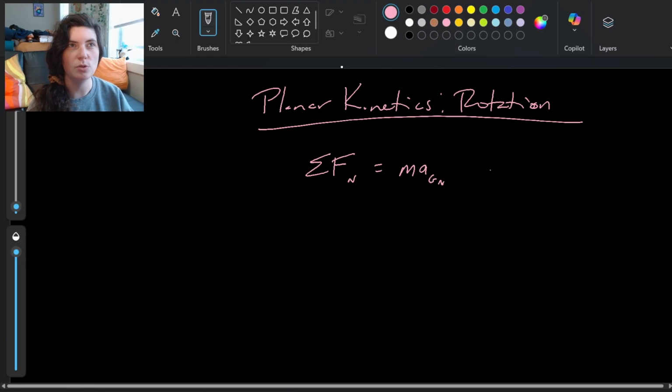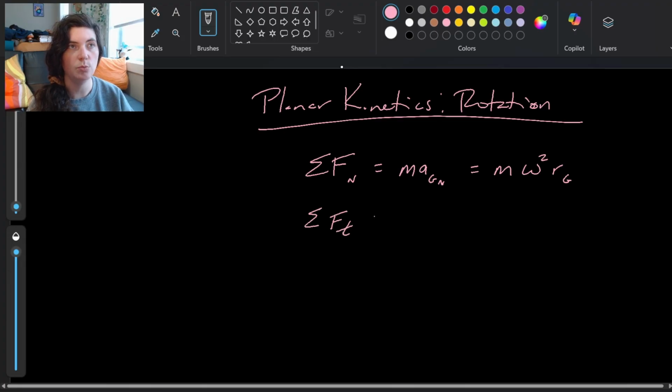For our purposes, most of the time, it's really going to be easier to write this as mass and then substitute in for aGn: omega squared times rG. So that's your mass times your angular velocity squared times that r, which is the distance from your rotation to your center of mass.